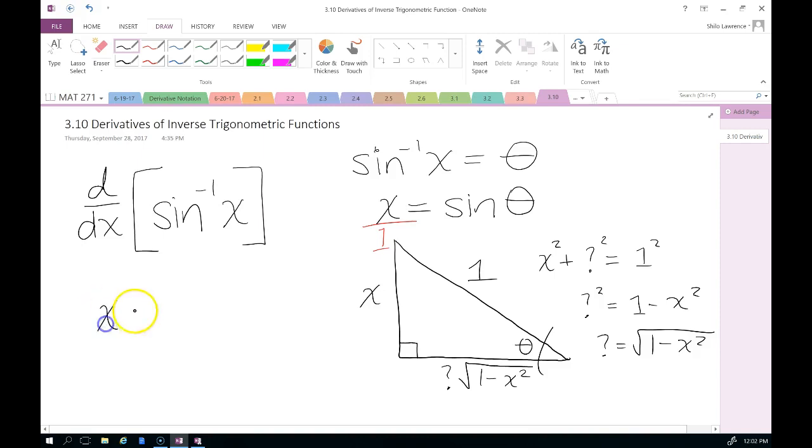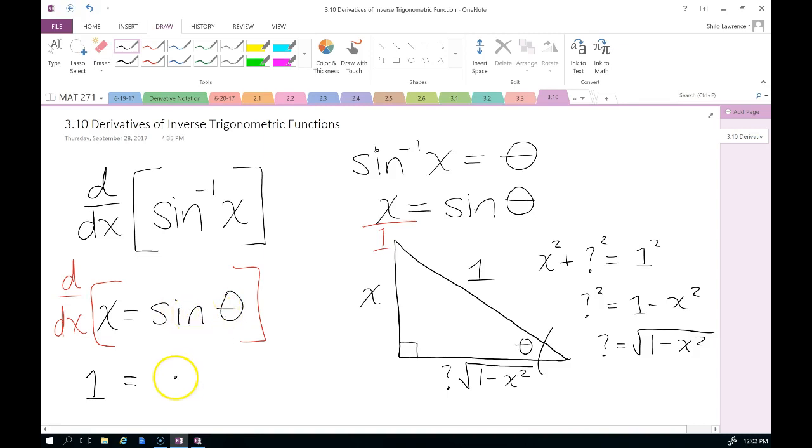So in x equals sine theta, we can do implicit differentiation. If we go through and differentiate everything with respect to x, the derivative of x with respect to x is 1. The derivative of sine theta is going to be a chain rule.